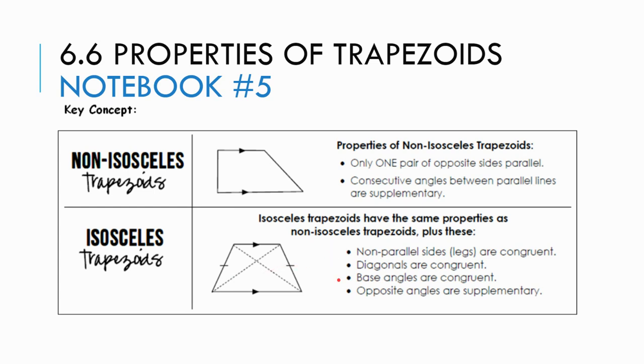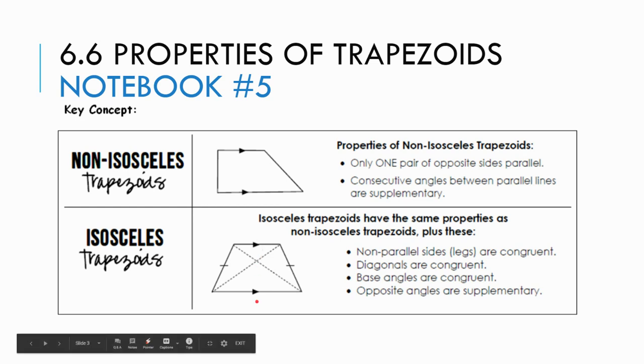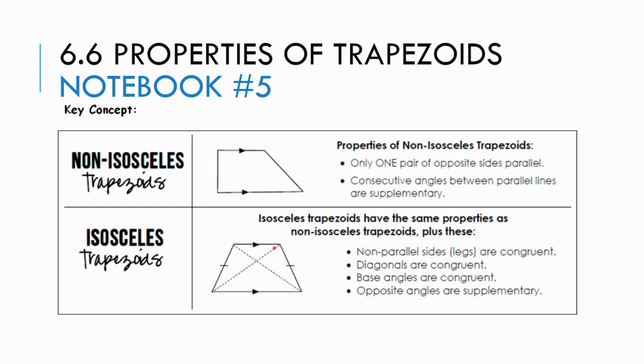It says the non-parallel legs are congruent. So these two legs are congruent. If this is 10, then that is 10. It says that the base angles are congruent. So we call these our bases. If you remember when you went to find the area of a trapezoid, it would be base 1 and base 2. So these parallel sides are both considered to be bases. So if this is 50, this would be 50. If this is 80, this would be 80. Okay, they're always going to be equal there.